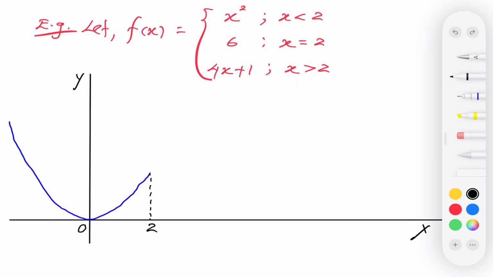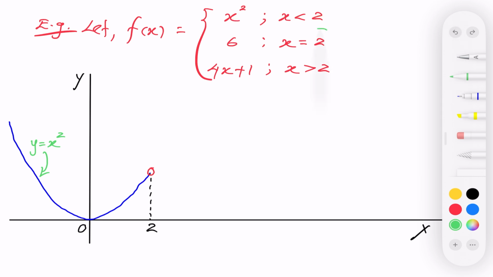Therefore, this ending point of the graph right here should be an open dot, open circle. Okay, that's the first part of that piecewise function. We may label that graph as well. It's y equals x squared. You may write it as f of x equals x squared, or you may write it as y equals x squared. All right, so we are done with this first part of the piecewise function.